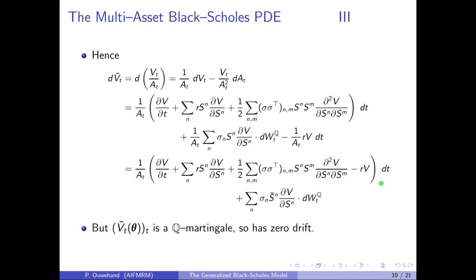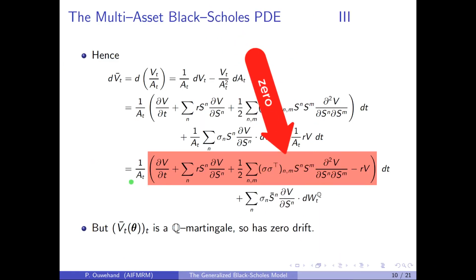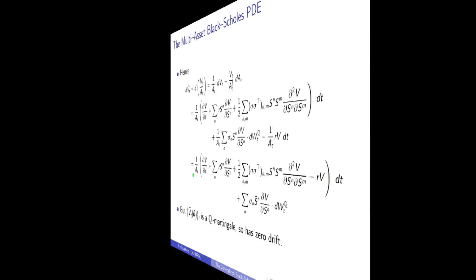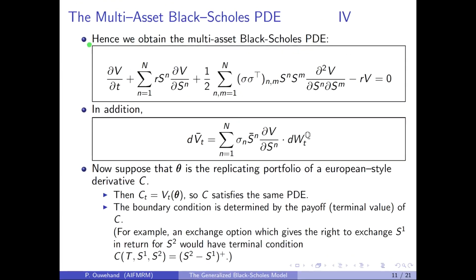Now comes the crux. V bar, the discounted value process, is a martingale under Q and so has zero drift. In other words, this bracket here, the dt term, disappears. Hence, we immediately obtain the multi-asset Black-Scholes PDE.